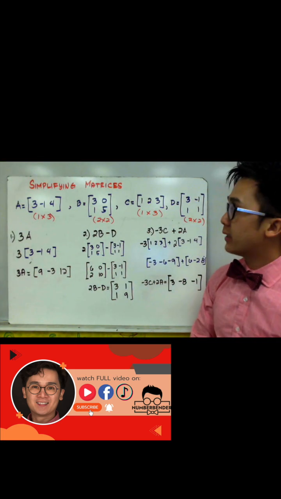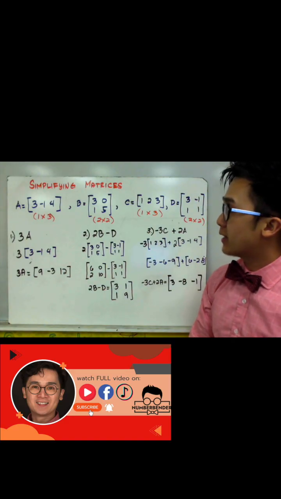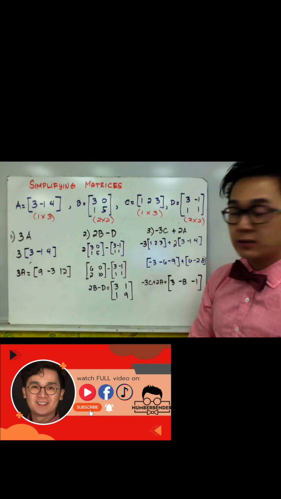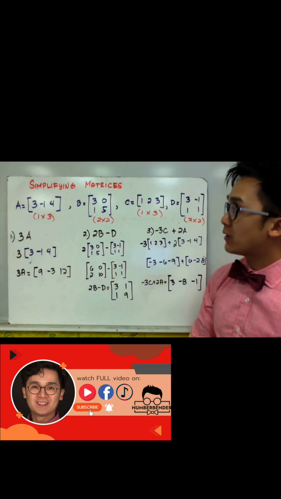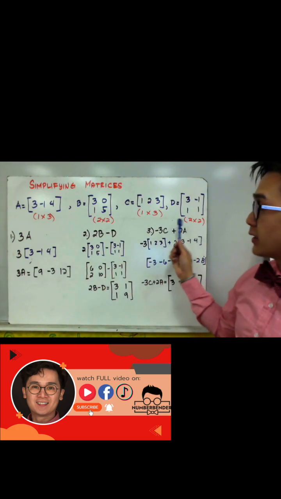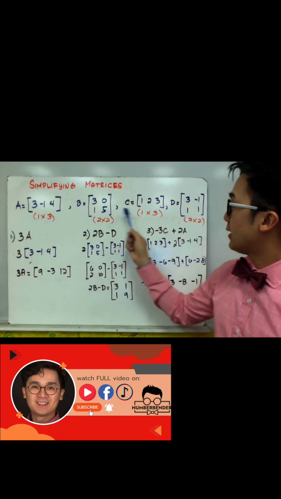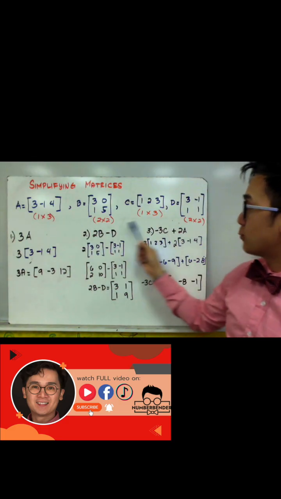Another operation in a matrix is scalar multiplication. Scalar multiplication is basically distributing a constant outside the matrix into each entry in a given matrix. So I have here four given matrices, matrix A, B, C, and D, and their corresponding orders.